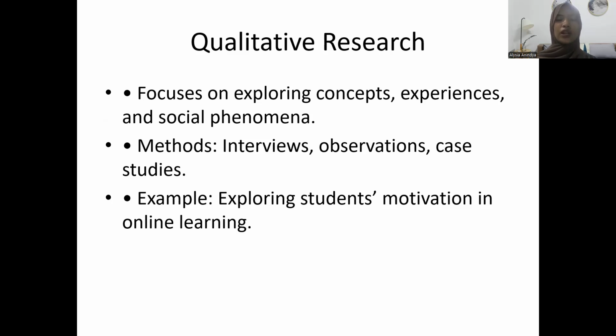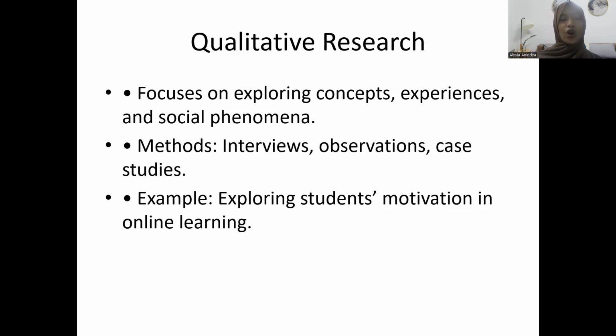So, qualitative research is more about understanding the experiences and also emotion instead of measuring the things with number. The key characteristic of this qualitative research, it use interviews, observation, and also case studies.